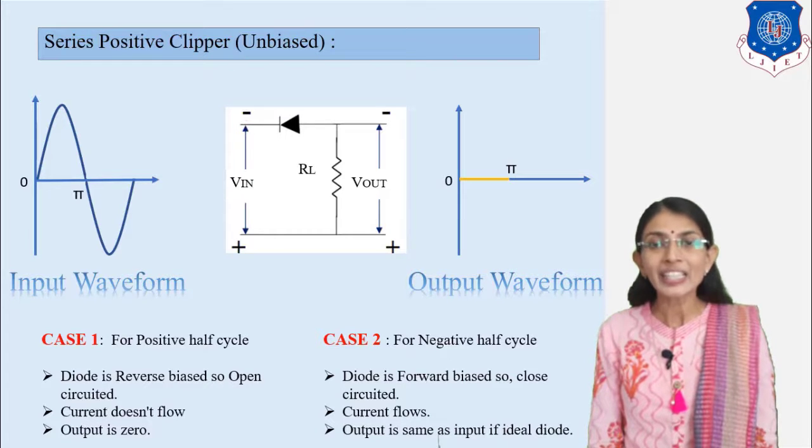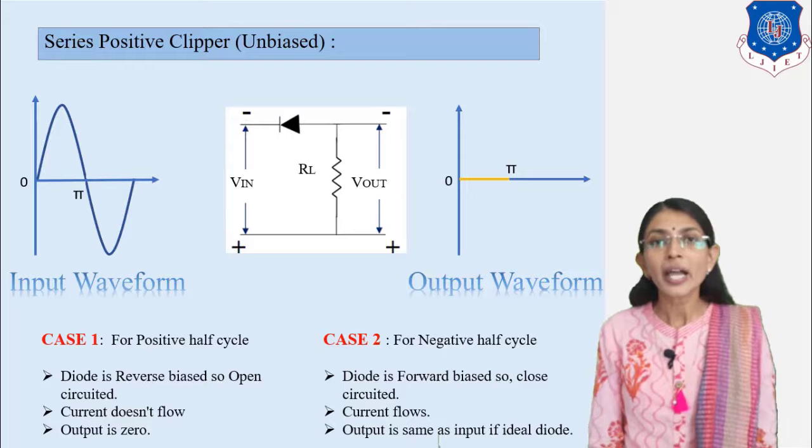As per the ideal condition, there is no resistance and maximum current can flow. According to that, V output is equal to input, meaning output follows the input. Output is the same as the input if we are assuming here that the diode is ideal.